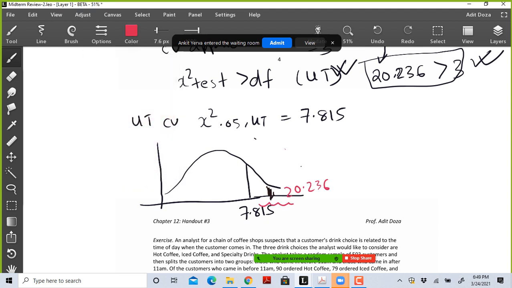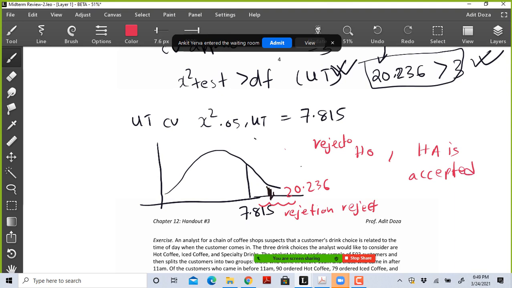So this falls in the rejection region, right? So we reject H naught. If we reject H naught, that means HA is accepted.